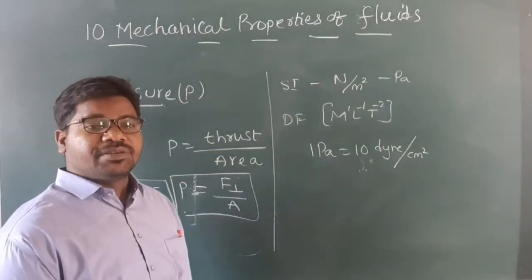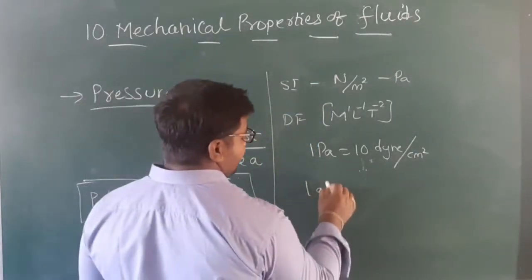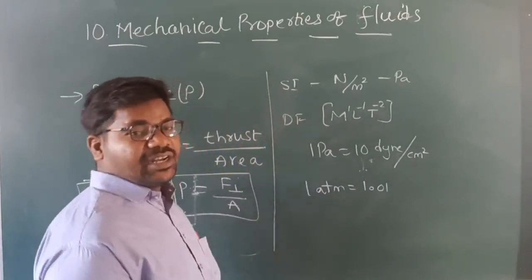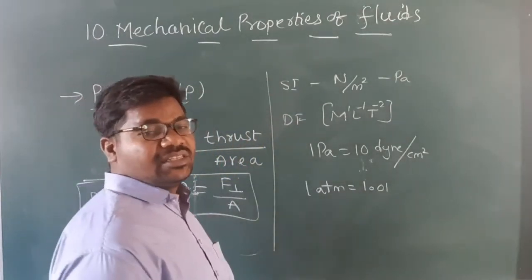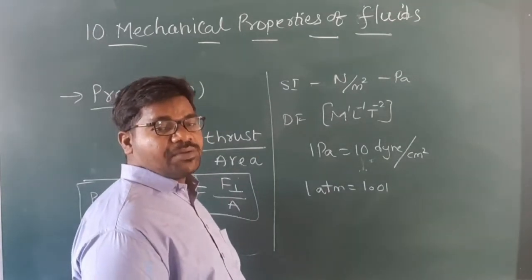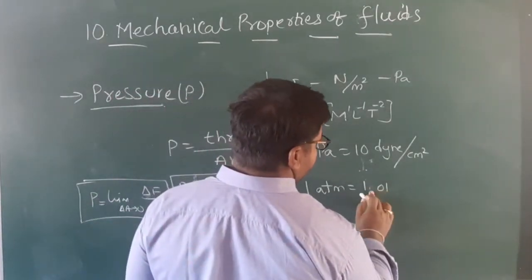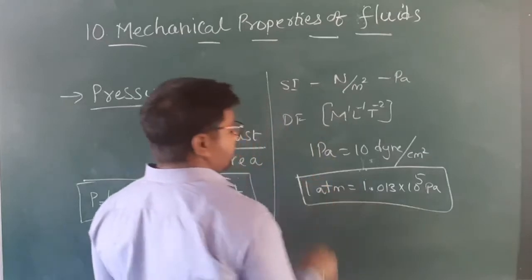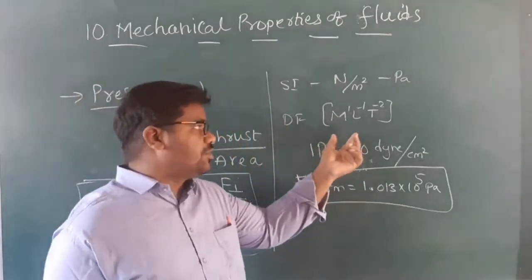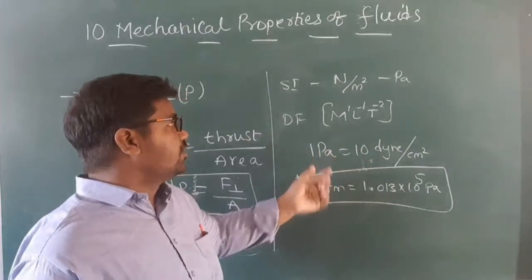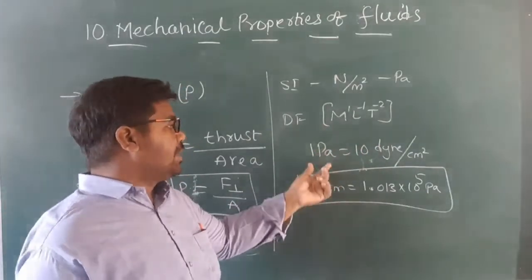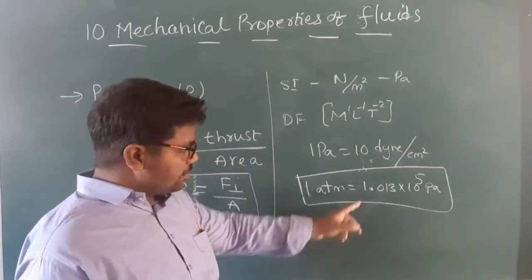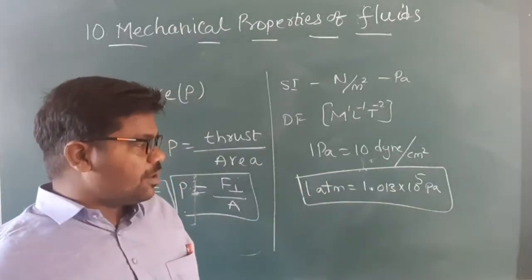Another unit is atmospheric pressure: 1 atm is equal to 1.013 into 10 power 5 pascals.